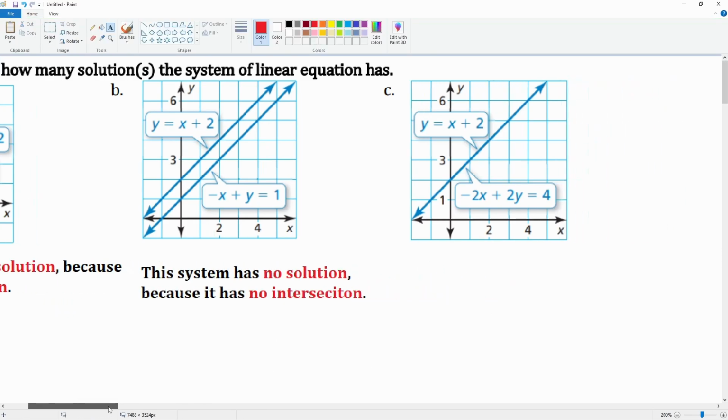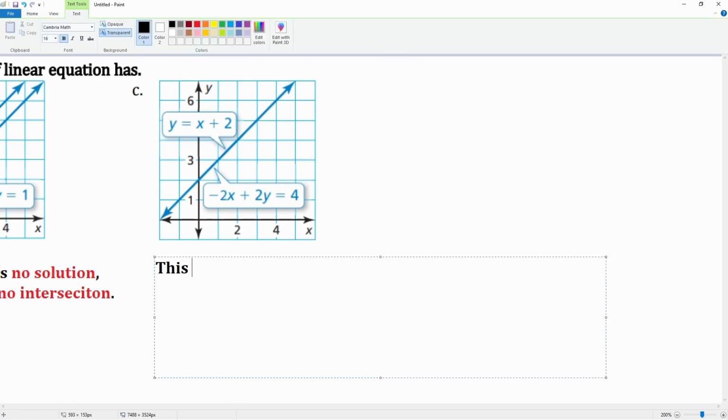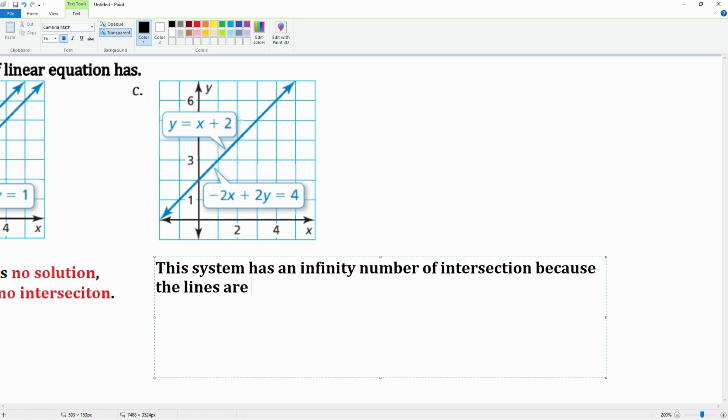And then the last one here: y equals x plus 2 and negative 2x plus 2y equals 4. This system has an infinite number of intersections because the lines are right on top of each other.